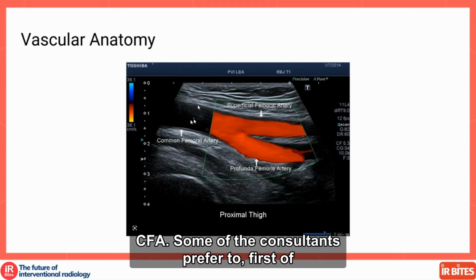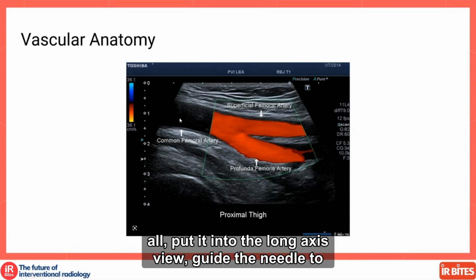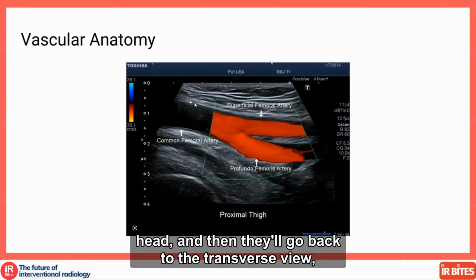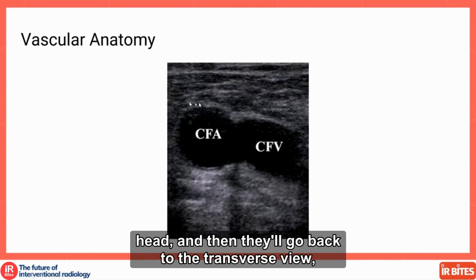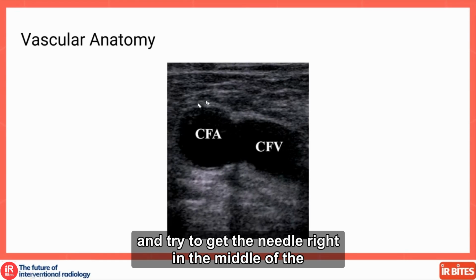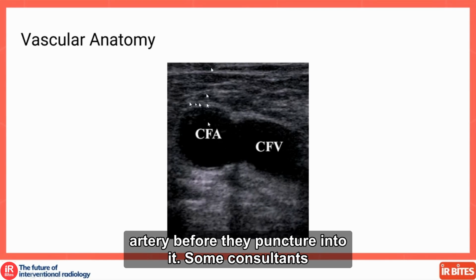Different operators have different methods of puncturing the CFA. Some of the consultants prefer to first of all put it into the long axis view, guide the needle to somewhere around here, just above the femoral head, and then they'll go back to the transverse view and try to get the needle right in the middle of the artery before they puncture into it.